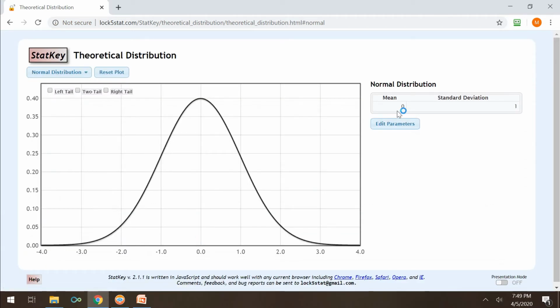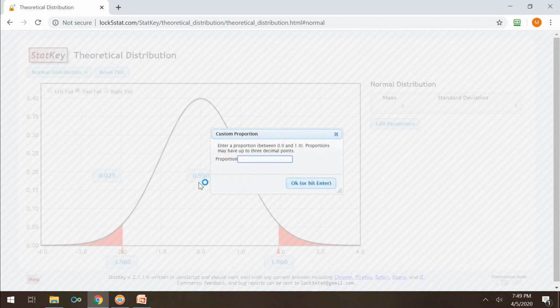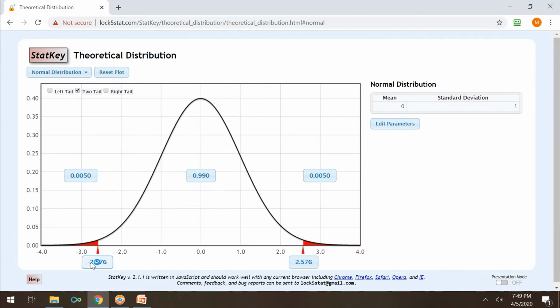Once you do that, you have it in the standard normal setting, so we have the mean 0 and the standard deviation 1. We click two tails. We only click two tails whenever we need the confidence interval. And we change this to 0.99. Once we do that, we will have the interval, and this interval is between negative 2.576 and positive 2.576.